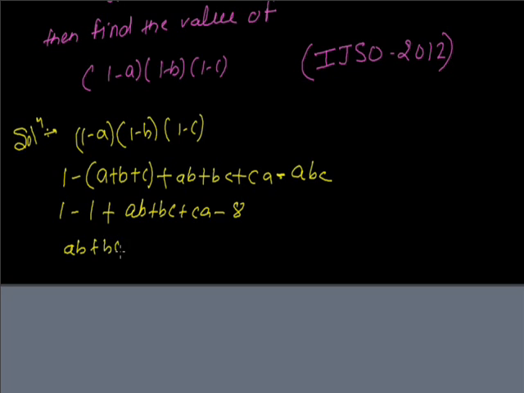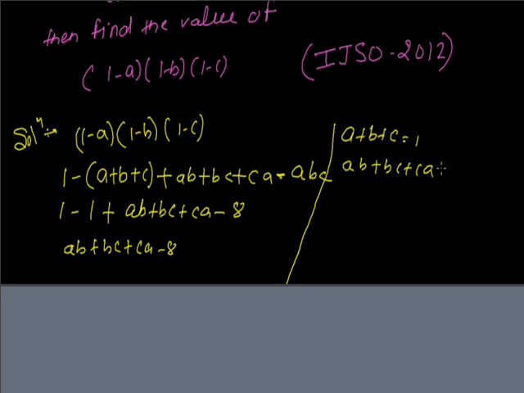Since a plus b plus c equals 1, squaring both sides and simplifying we get ab plus bc plus ca is minus 10. Put the value here: minus 10 minus 8 is equal to minus 18. That is the answer.